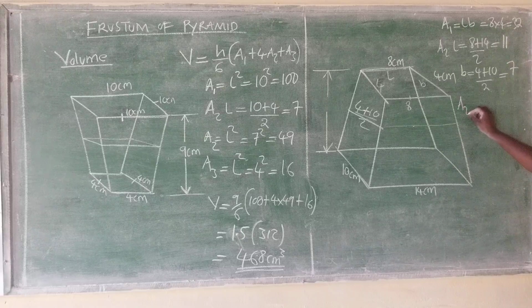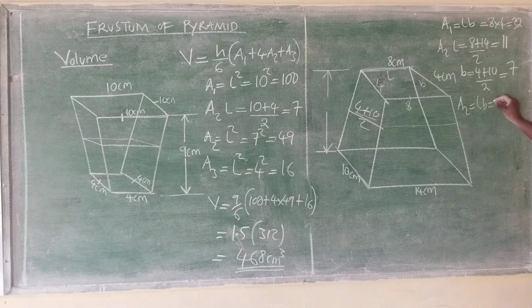Therefore, area 2 is equal to LB as well, which is 11 by 7. This gives us 77. That's our area 2.